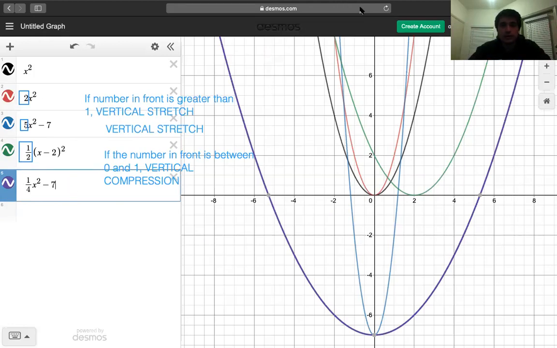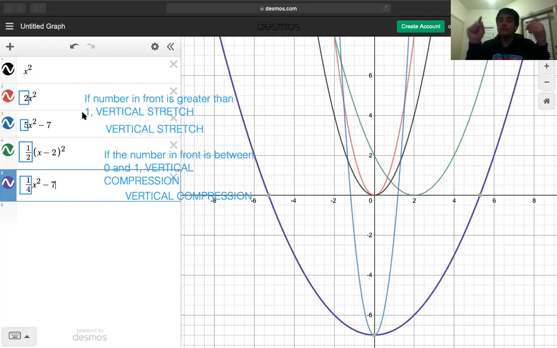So again, if we're looking for vertical compression, we look at the number in front. So it's 1/4. Is 1/4 between 0 and 1, or is it greater than 1? Okay. So 1/4 is between 0 and 1. So we can say this is a vertical compression. Okay, it's a vertical compression. Does that kind of make sense? So those are the two rules, and those are a bunch of examples of them.